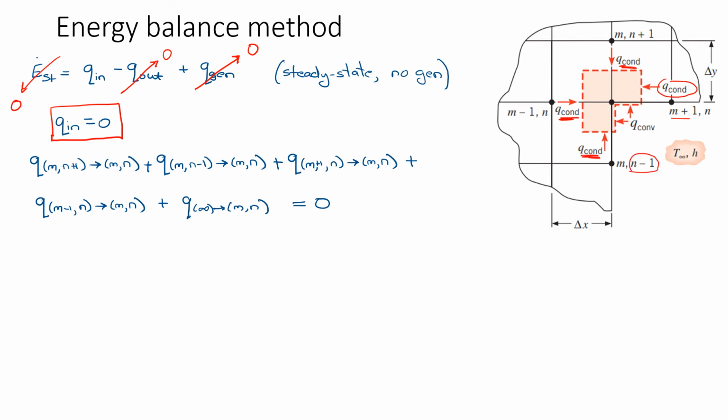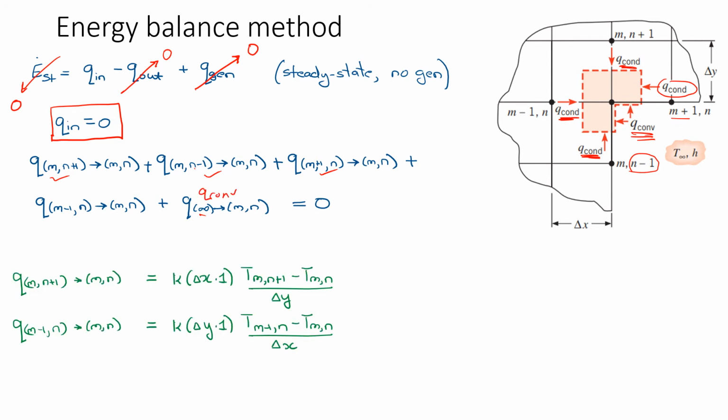So you have four conduction terms and you have one convective term. So our Q in can be written as Q coming from n plus 1 to m comma n, n minus 1 to m comma n, and m plus 1 to m comma n, plus m minus 1 to m comma n, and Q from infinity to m comma n, which is nothing but Q convection.